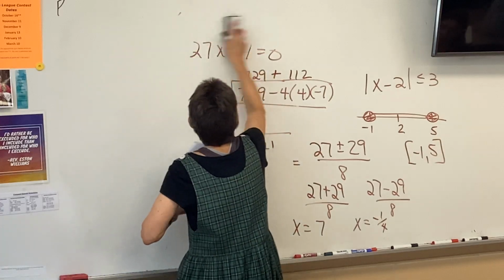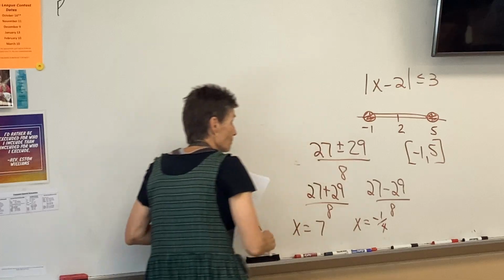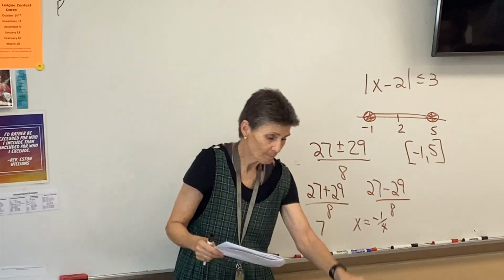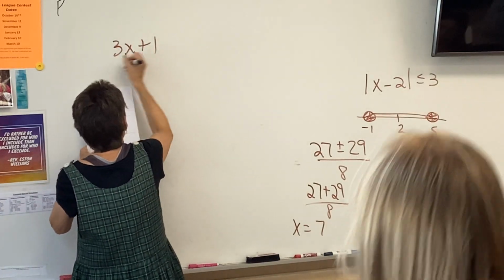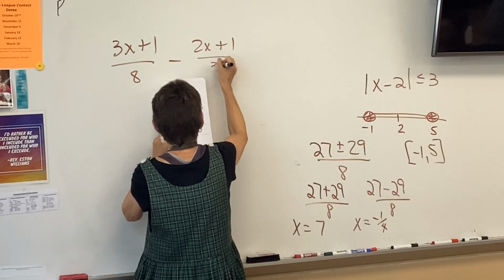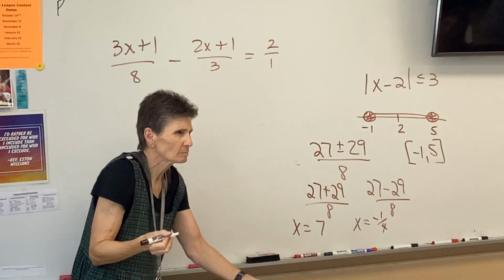All right, how about C? Common denominator. Get a common denominator. 24. Now, we've talked about this before, the actual number you use doesn't matter, but I think in this problem, it's obvious, 24. Yep.